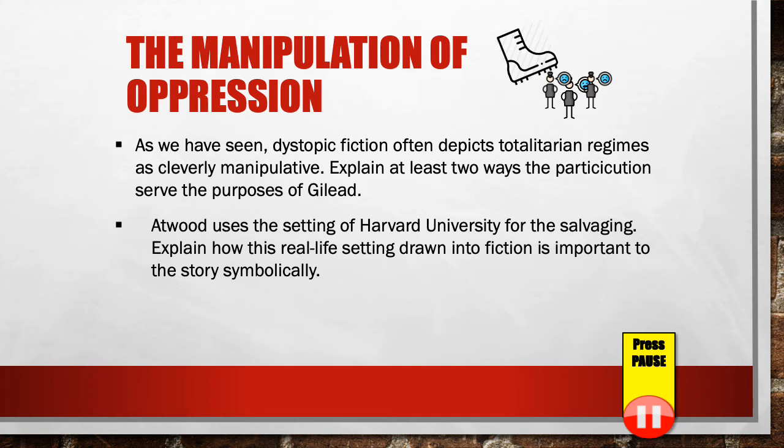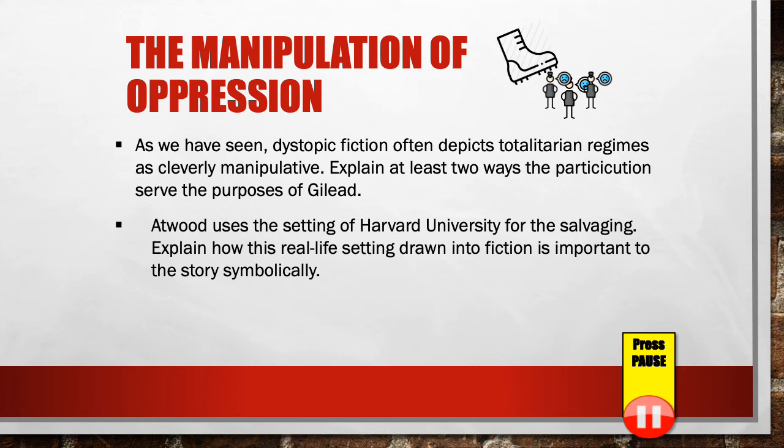There's also this word particution. I mentioned earlier that it's a portmanteau combining the words participation and execution. If you think about that, you see that what Gilead is doing is making sure that the handmaids carry out some of the executions.